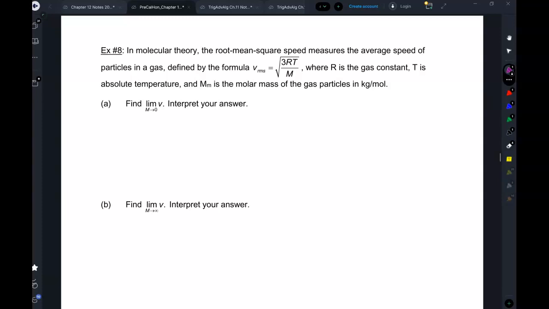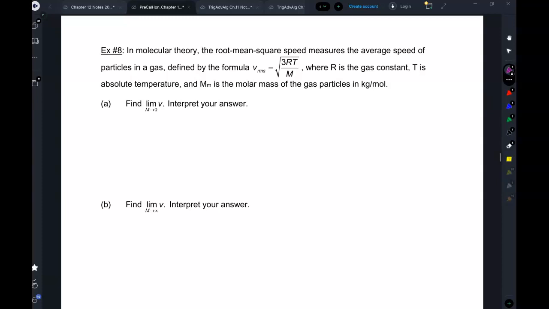So in molecular theory, the root mean square speed measures the average speed of particles in a gas, defined by this formula, where R is the gas constant, T is temperature, and M is the molar mass of the gas particles in kilograms per mole. Now, find the limit of V as M approaches 0.